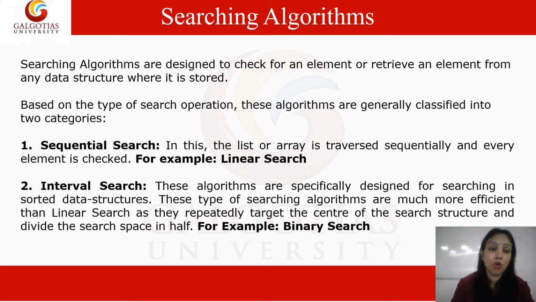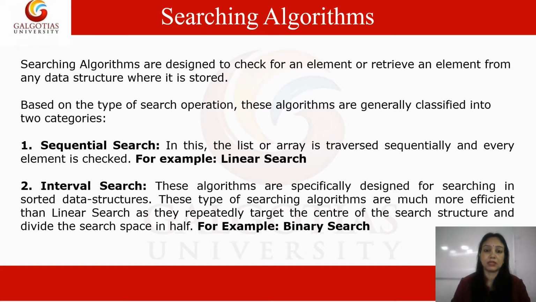Based on the type of search operation, these algorithms are generally classified into two categories. One is sequential search. In my example, if I give you five boxes and ask you to search for the red pen, you start from the first box and continue until you get the pen. What you are doing is called a sequential search.